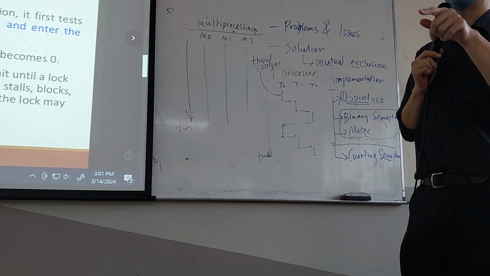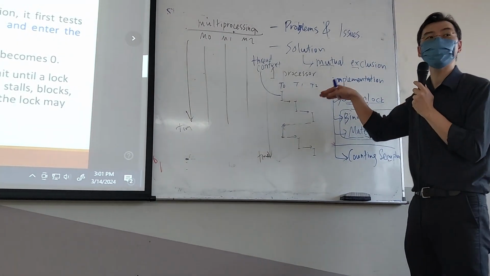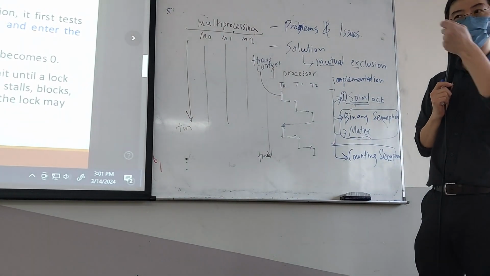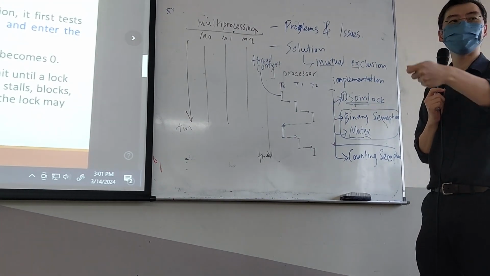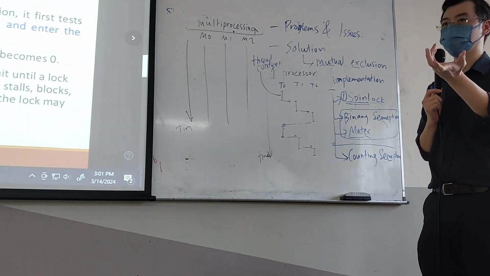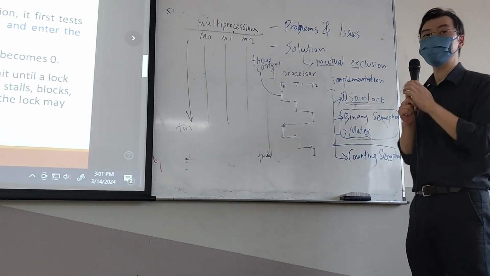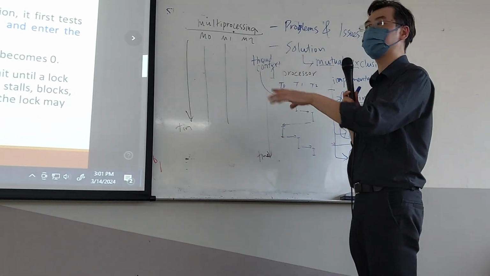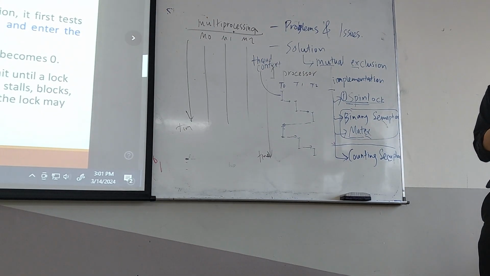Right? So you have T0, T1, T2. Everybody is waiting for that key. So what does it do? You have to check. Is the key available or not? And you have to check constantly. Okay, I check now, don't have. I check again, don't have. I check again, don't have. Okay, until you have it, then you grab the key and then you unlock it, enter, do the job, exit, and then pass back, give back the key.